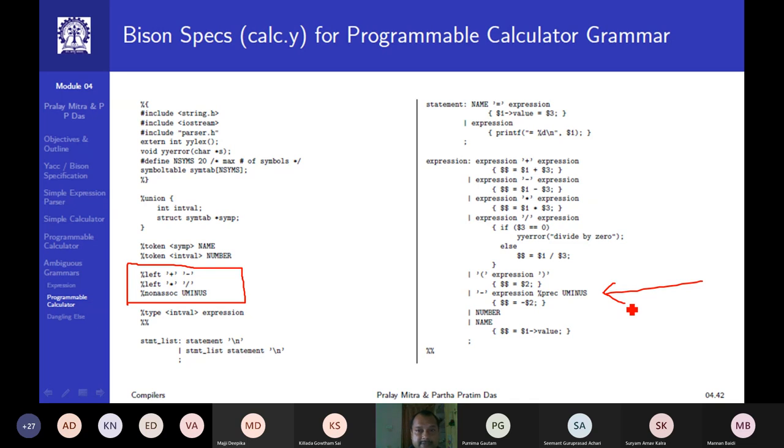Now what is the change? Again, to differentiate between subtraction and the unary minus, although I mentioned their name separately here, here I am explicitly mentioning that percent precedence u minus.